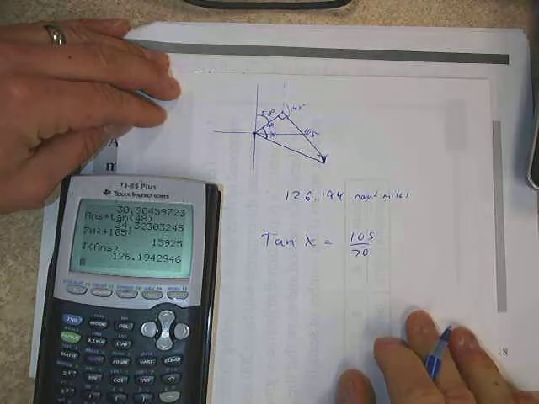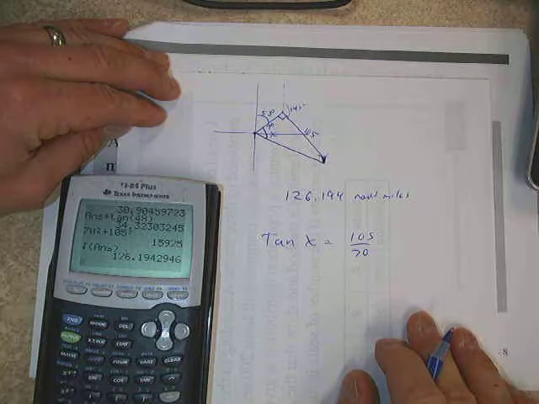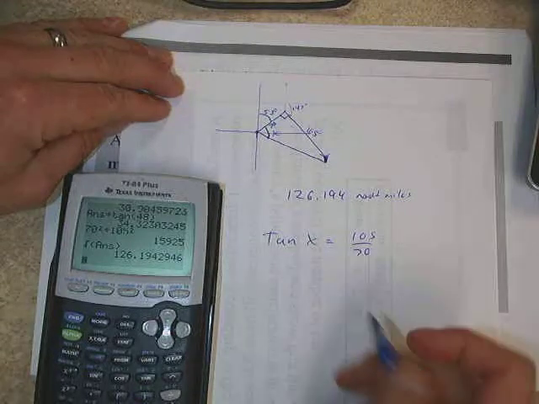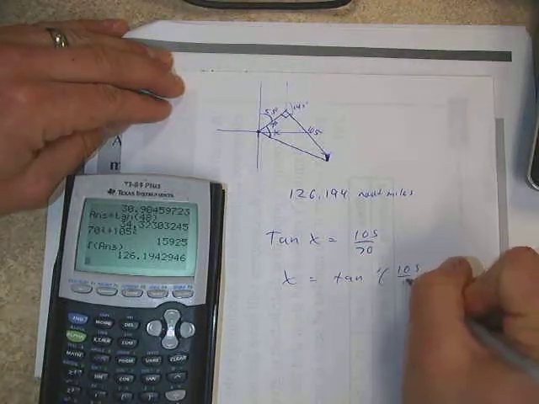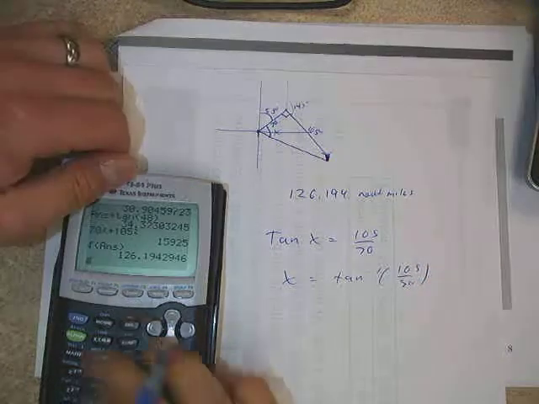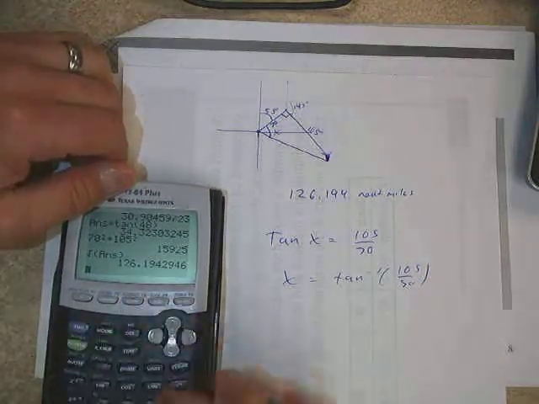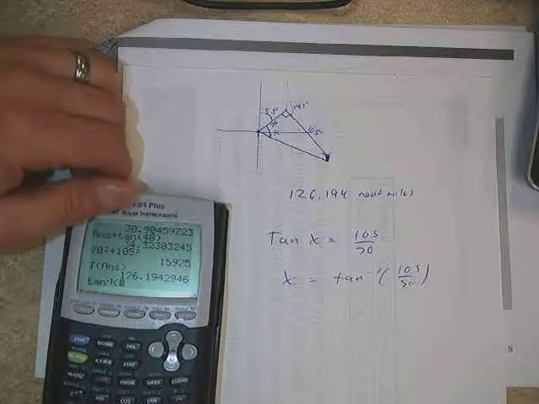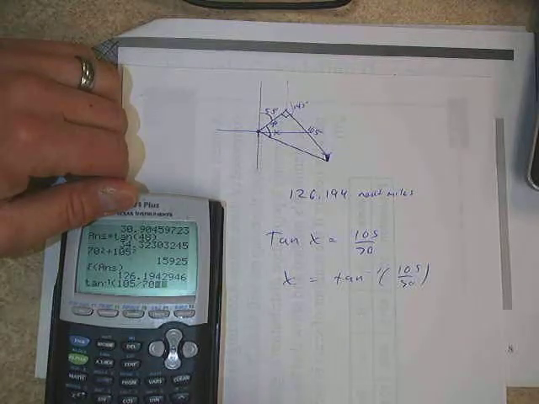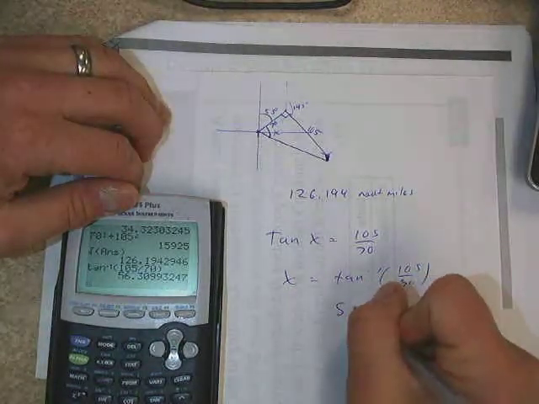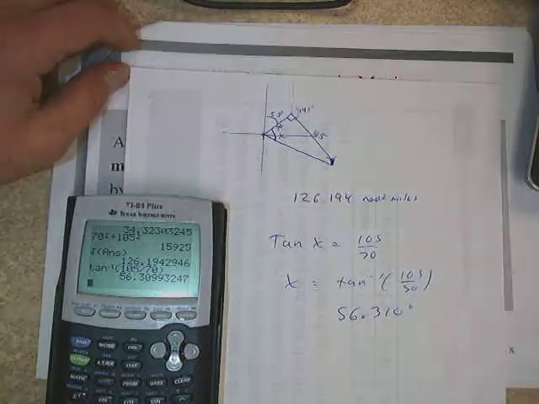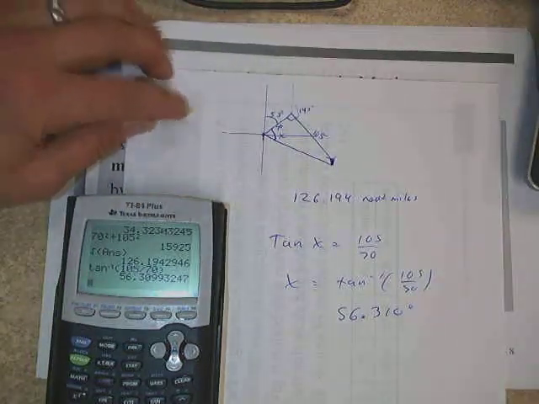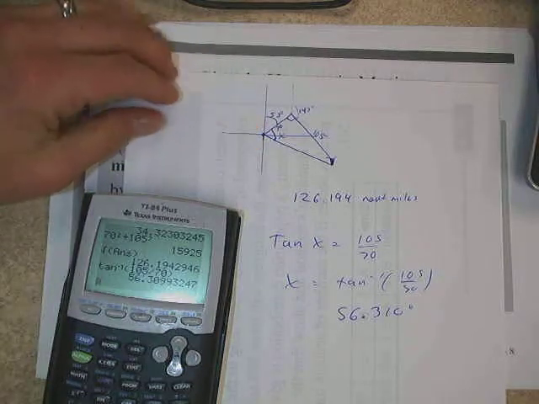But couldn't I set up a statement that says tangent x equals 105 over 70, with the opposite and the adjacent? And from there I could use my inverse tangent button to find that angle. So if I go second, tangent inverse, 105 divided by 70 gives me 56.310. I round to the nearest thousandth.